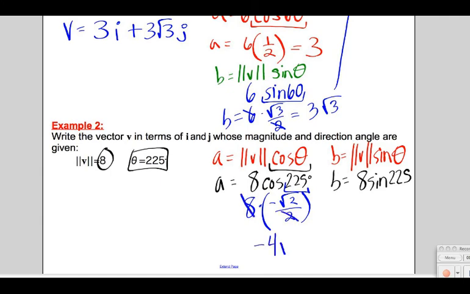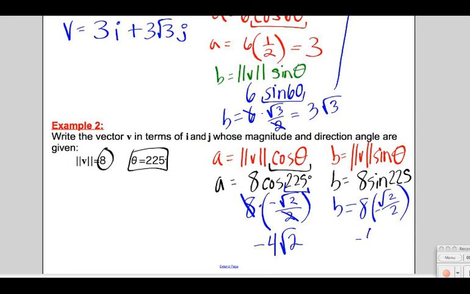Same idea over here. It just so happens that the sine of 225 is also negative square root of 2 over 2. And I multiply that out, and I also get negative 4 square roots of 2.